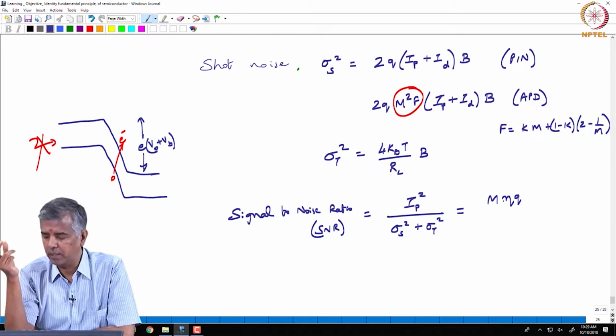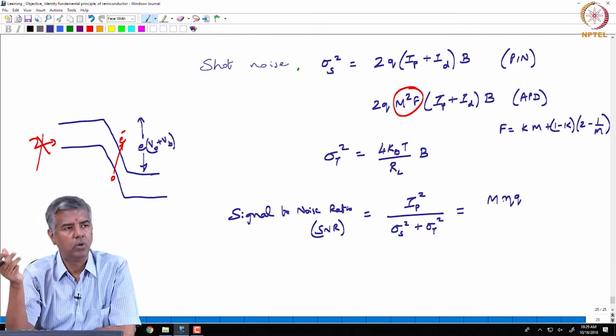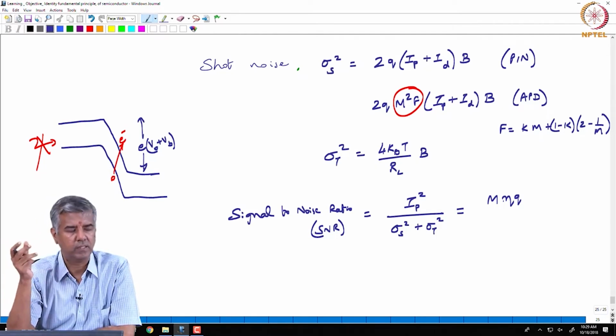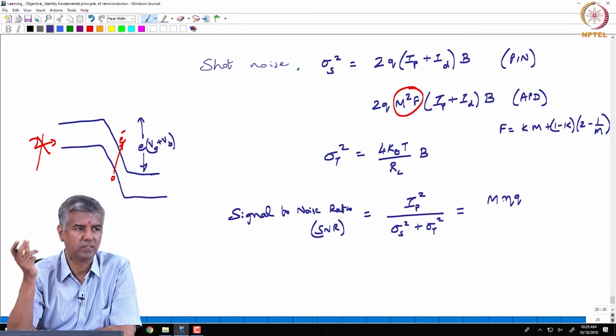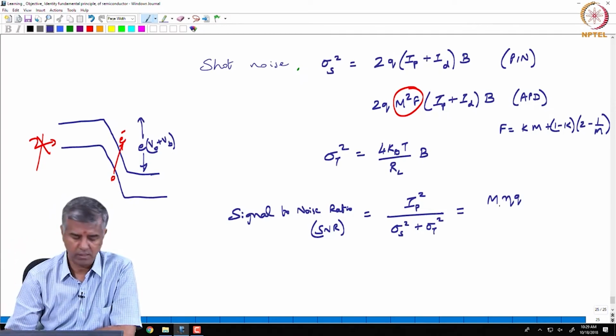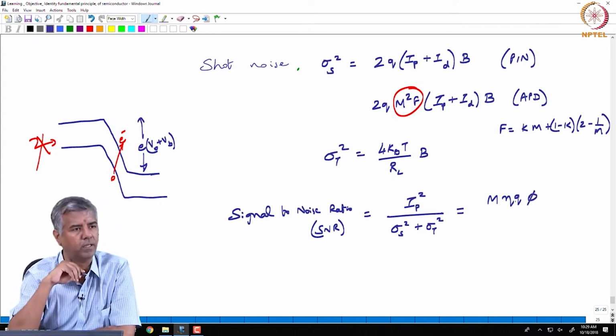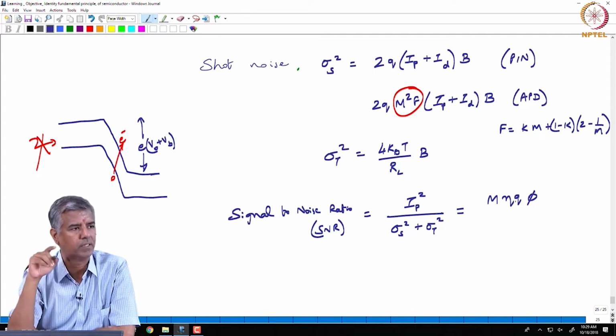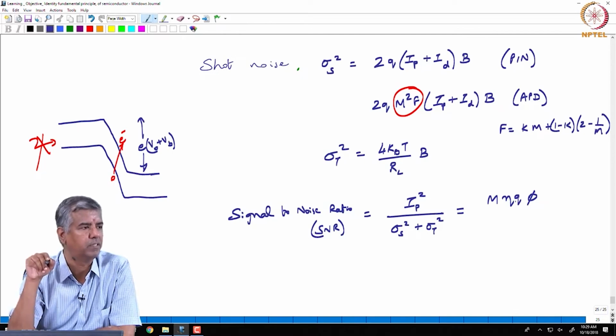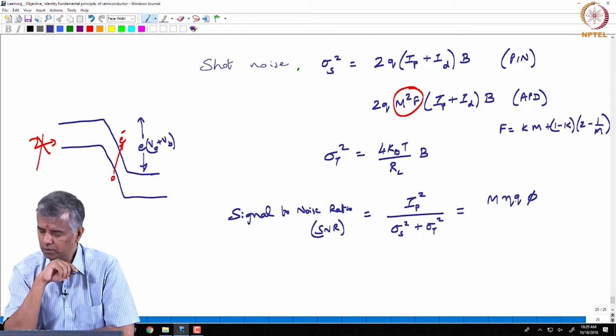But the incident power over h nu is nothing but the photon flux. So, I can just write this as M into eta q multiplied by the photon flux. Flux is representative of the incident power divided by the photon energy.